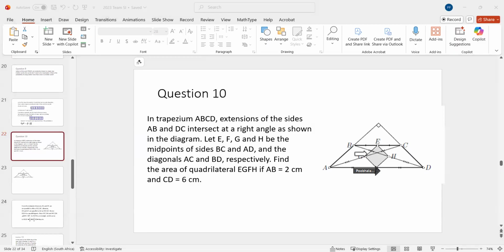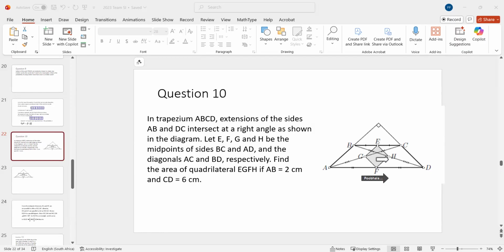Right? And then you got the midpoints of the four sides. You got the midpoint of BC is E, the midpoint of AD is F. Then the diagonals of this trapezium, right?